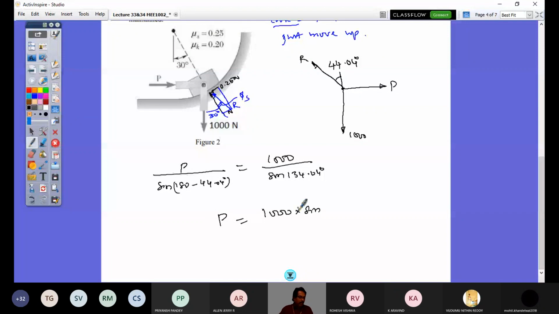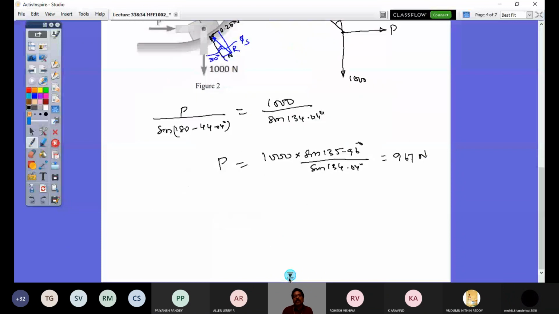That is 135.96 degrees, divided by sine of 134.04 degrees, right? So now by solving this, I get P value is 967 Newton. 967 Newton. So now what do you understand?